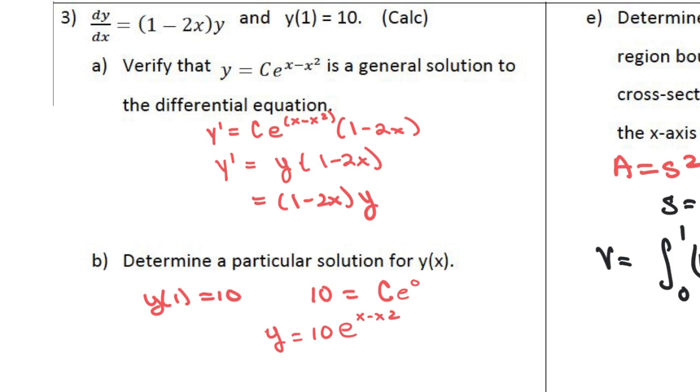So check this problem out. You got to verify that you had a general solution. Then you got to determine the particular solution. You could actually do part B without part A. When we're looking for the average value of a function, don't forget, this was a calculator problem to help yourself out. And then we wanted to approximate C to the nearest 0.001.